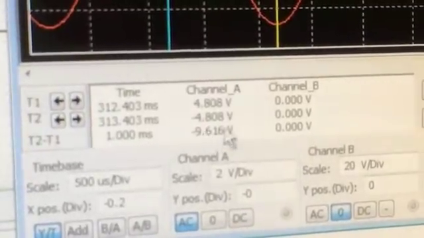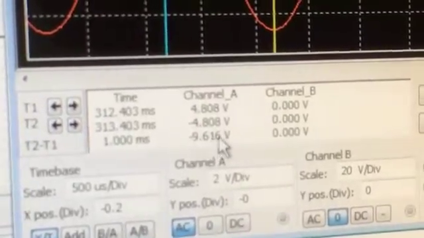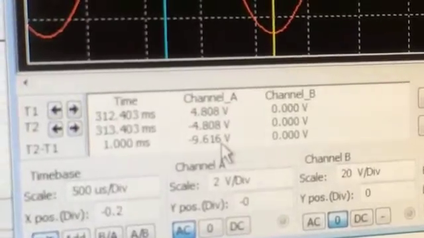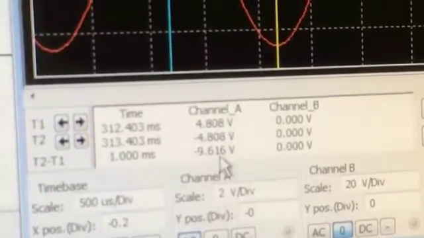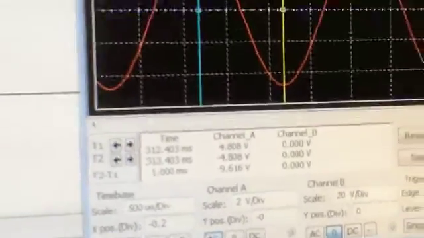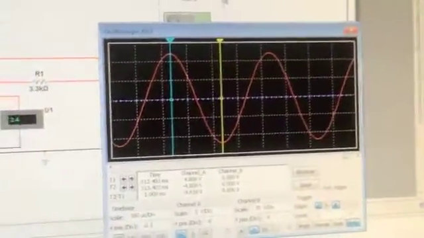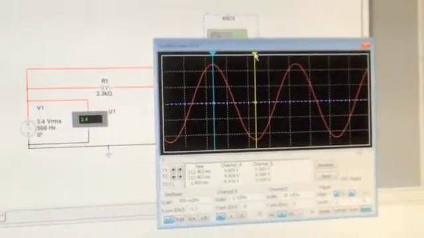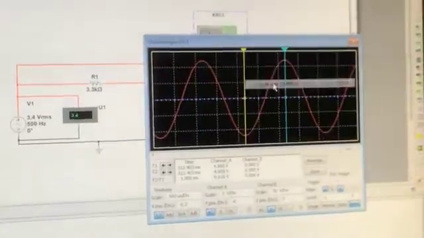And as you can see, our peak-to-peak voltage is 9.616 volts. And now we're going to measure our period.